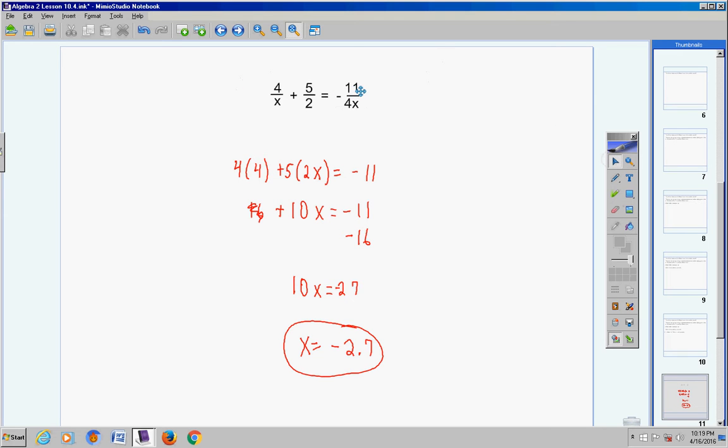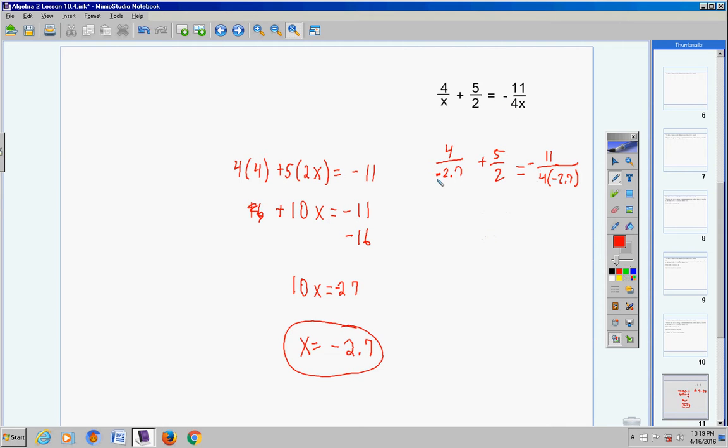So here's the original problem, okay? I'm going to put negative 2.7 in for x. So 4 over negative 2.7, plus 5 over 2, equals negative 11 over 4 times negative 2.7. Now use your calculators, that's what they're there for, okay? First of all, I'm just going to type all of this in, and there's a negative sign right here.